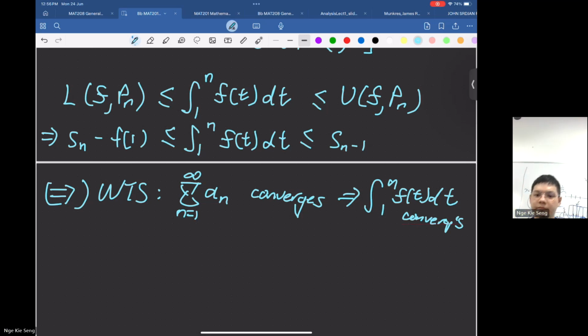Right, how to do this? So we need to make use of this bound here.